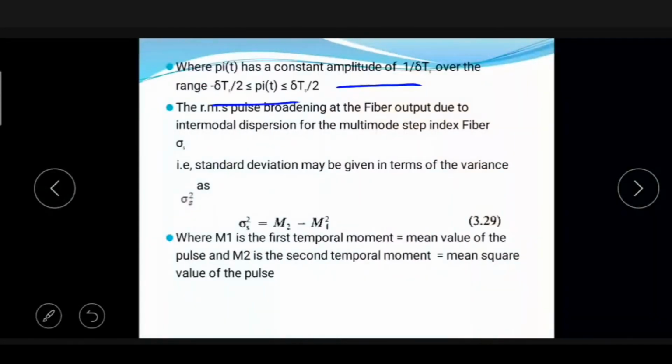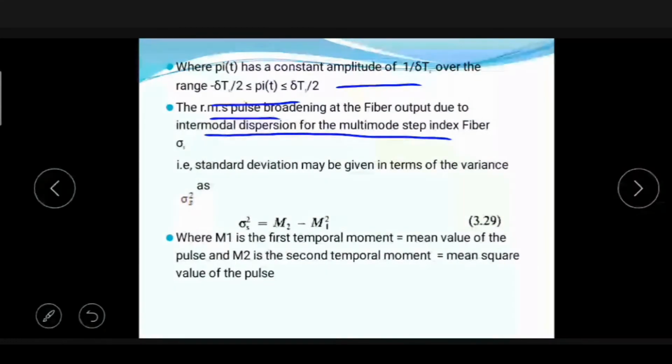Now, RMS pulse broadening occurs in a multimode step index fiber due to dispersion. That is what we are finding, the RMS pulse broadening due to intermodal dispersion, given by sigma s, where s indicates step index fiber.